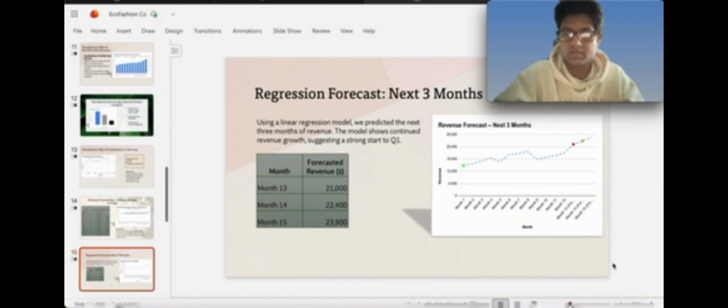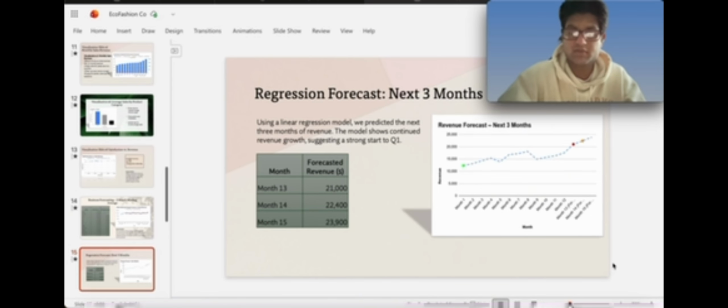What this means is that EcoFashion earns a base revenue of $5,000, and for every additional shirt sold, revenue increases by approximately $2.50. This gives the company a clear, measurable relationship between shirt sales and total revenue.